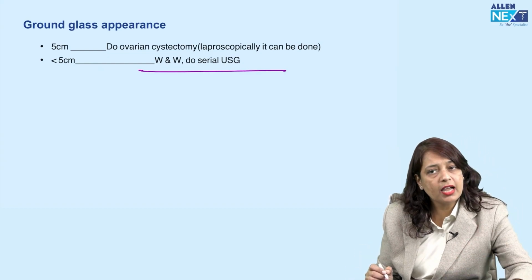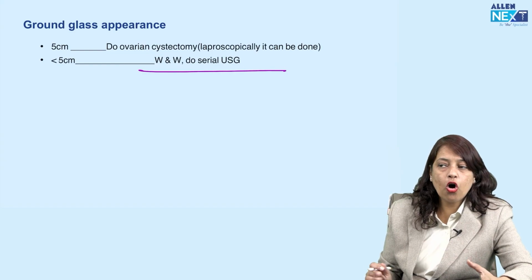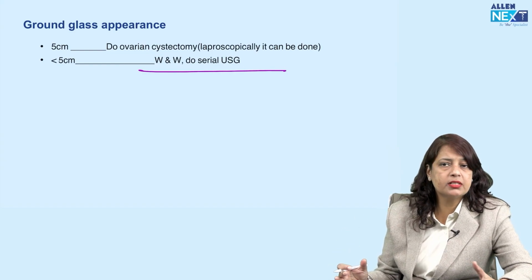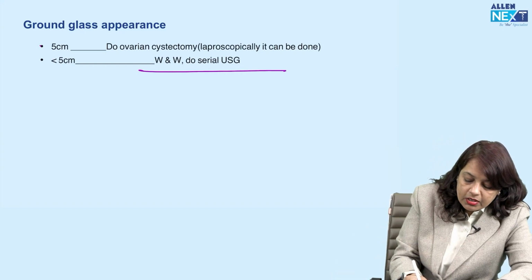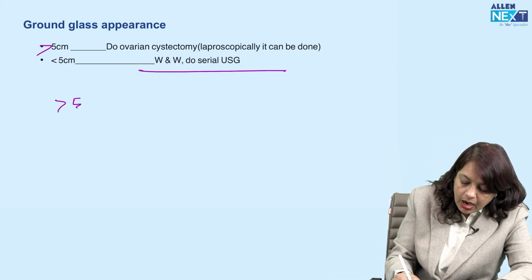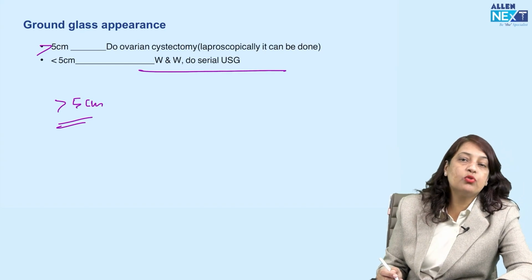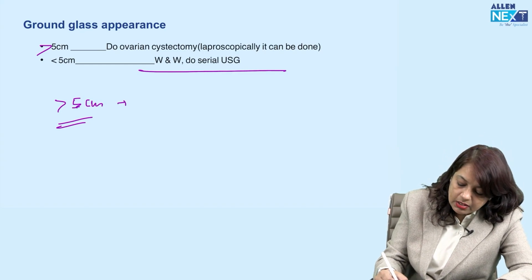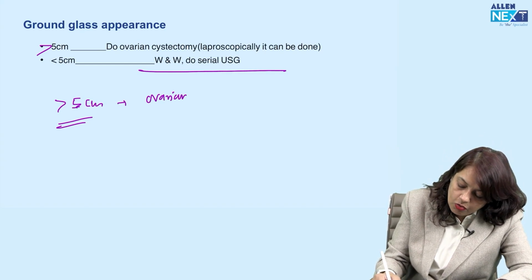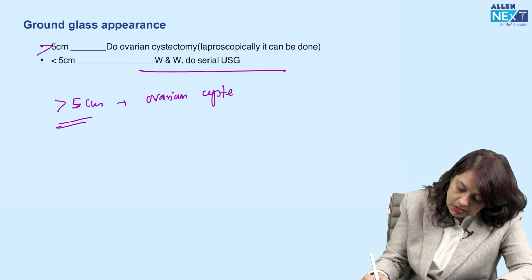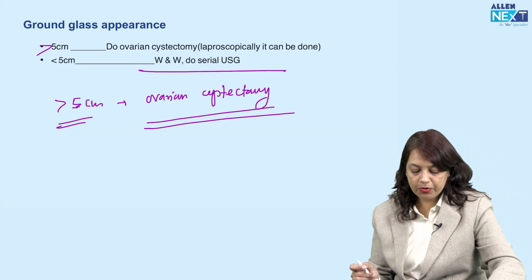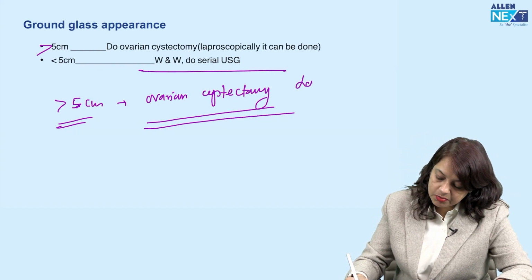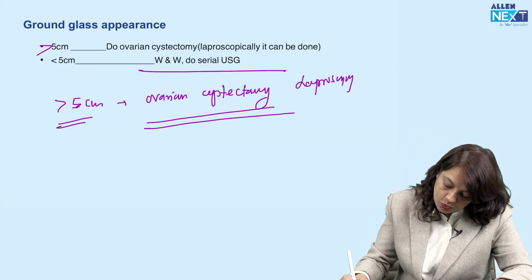If the size of the cyst is increasing, or it is becoming symptomatic, then we might have to give the treatment. Now, if the size of the endometriotic cyst is more than 5 centimeters, then we have to go for ovarian cystectomy. Nowadays, fulguration is not preferred. So we can do ovarian cystectomy using laparoscopy.